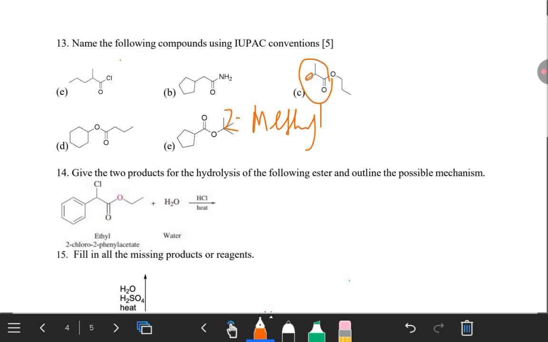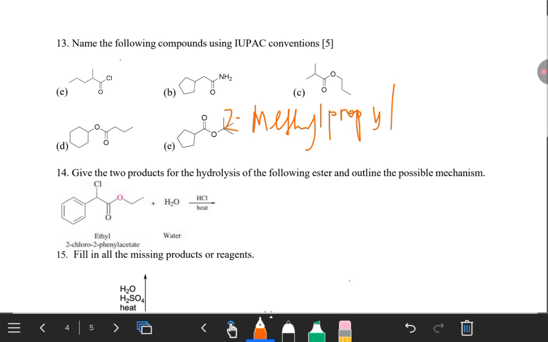Then this is 1, 2, 3, so it is prop. So I'm going to say propyl. This is an ester actually. This group is an ester. So I'm going to say 2 methyl propyl.